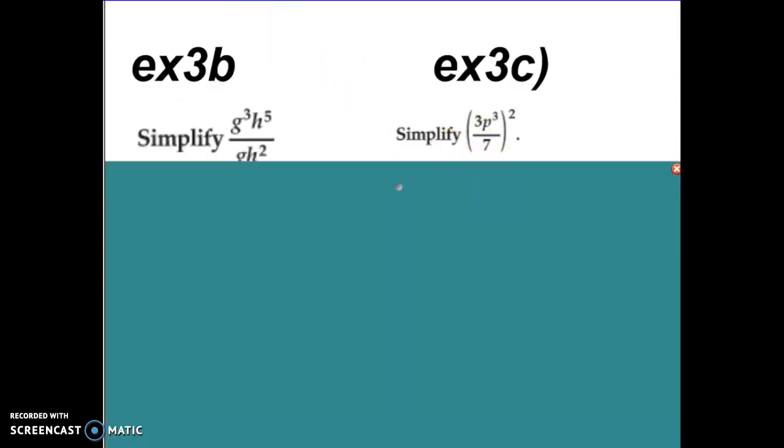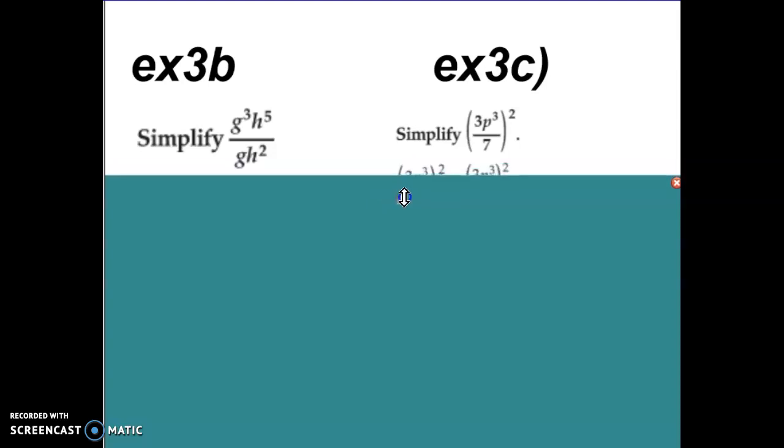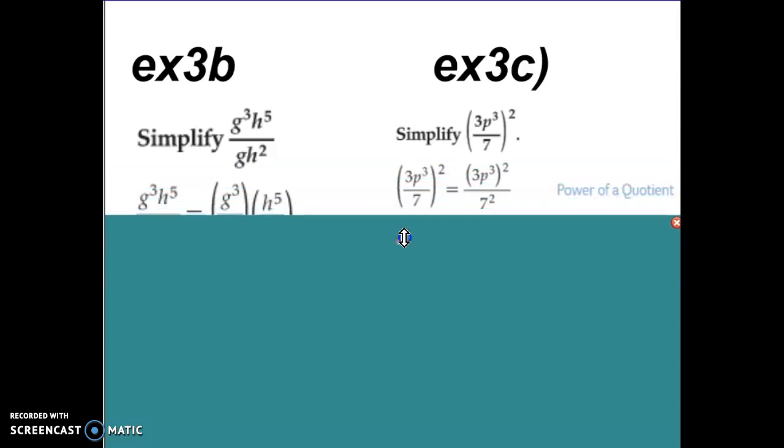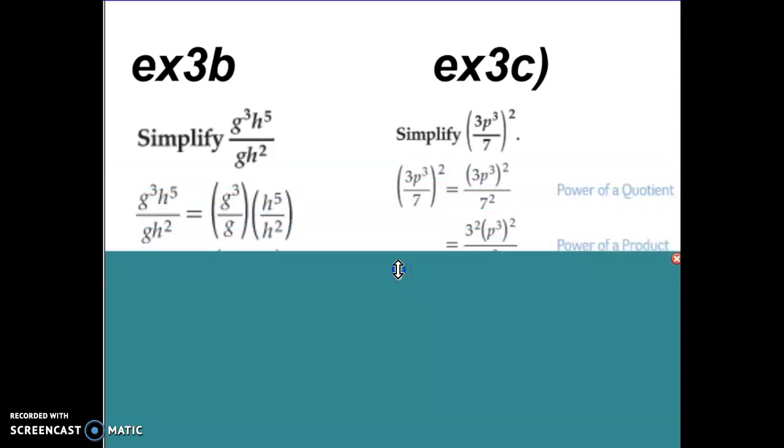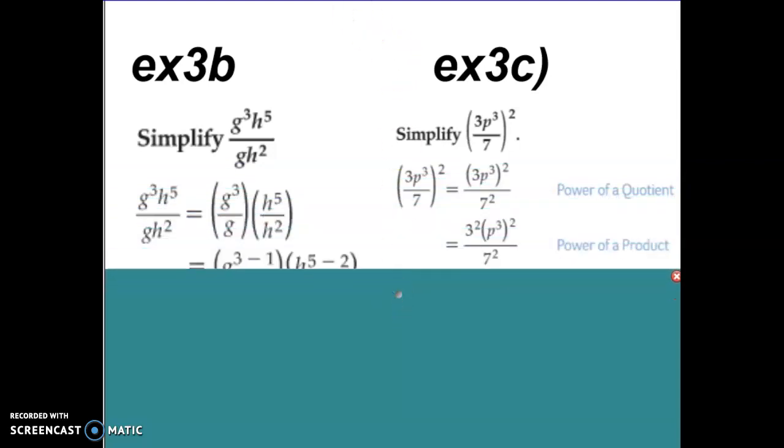So what will we first do with this 3? The 3 has an exponent of 1. Does the 3 become 3, or does it become 3 to the 2nd? As we go through, these are the steps. It does become 3 to the 2nd. The 2 also goes with the 3, making 3 to the 2nd.